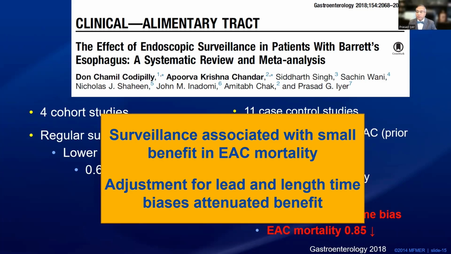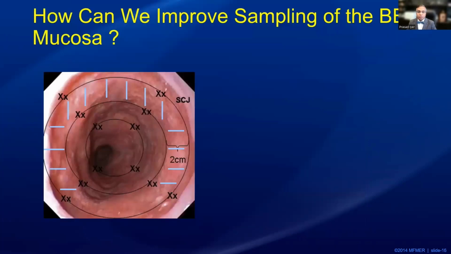In these observational studies, surveillance is really associated with a rather modest benefit in esophageal adenocarcinoma mortality. And indeed, when we adjusted for length and lead time biases, these modest benefits were significantly attenuated or in some instances even eliminated. So again, the effectiveness of what we are doing is still fairly borderline as well.